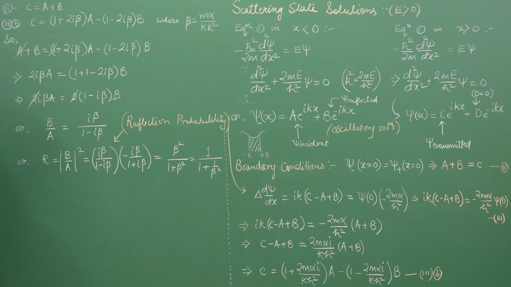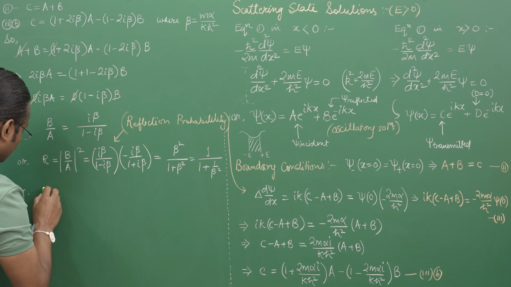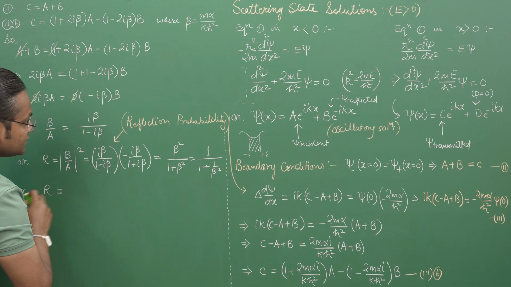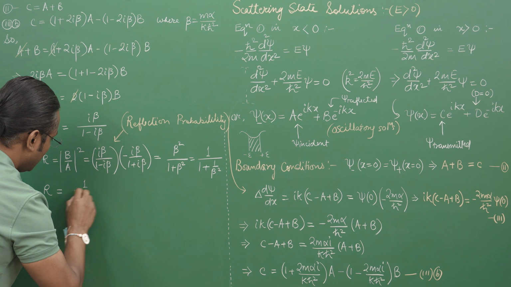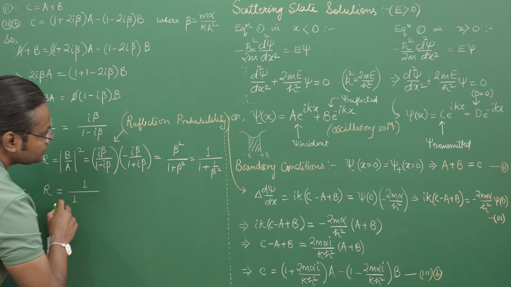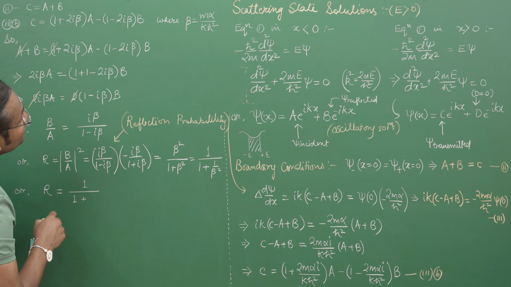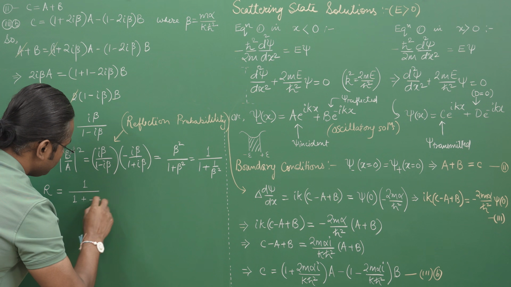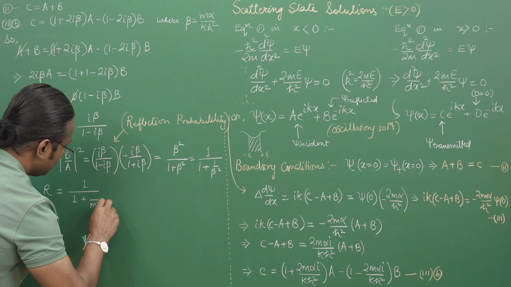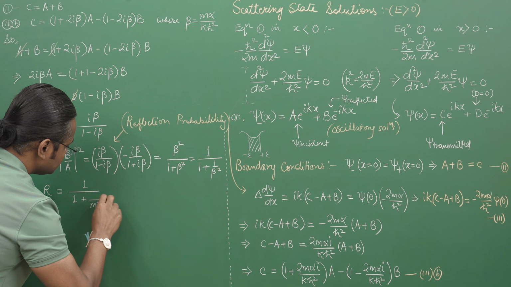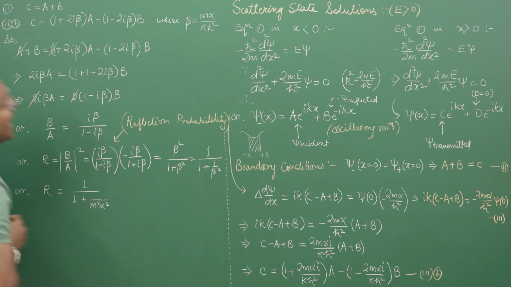So we have obtained the reflection probability. So if I substitute our expression here for beta, then I end up getting the reflection probability is essentially just equal to 1 upon 1 plus, so beta square is m square alpha square in the denominator and k square h cross to the power 4.